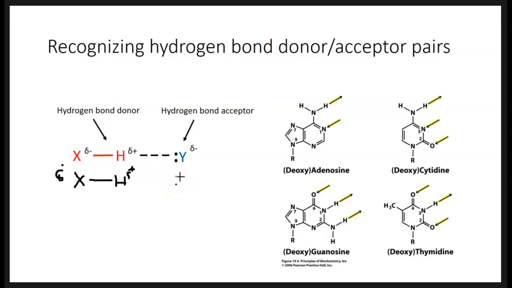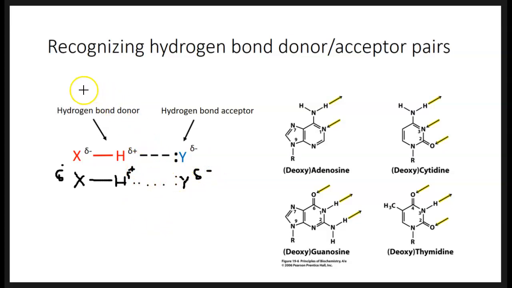Then we have an electronegative atom that has a free pair of electrons, so it's not bonded to a hydrogen. Right? That electronegative atom is able to participate in this hydrogen bond by forming a polar interaction with the hydrogen.